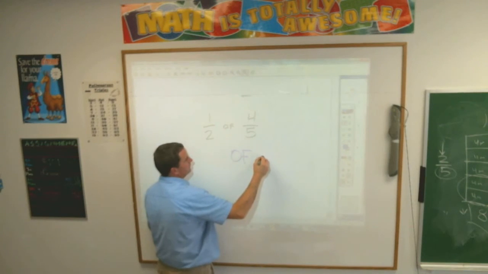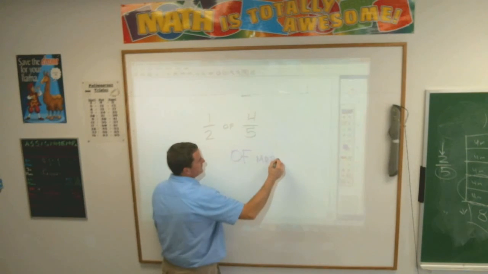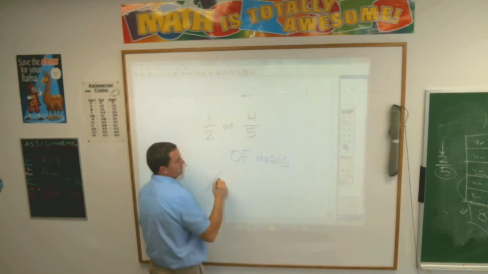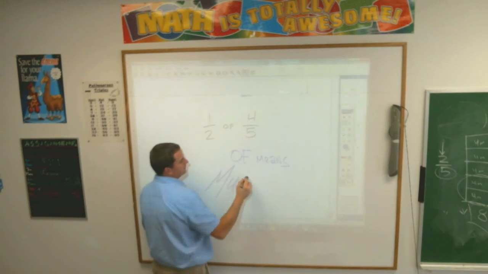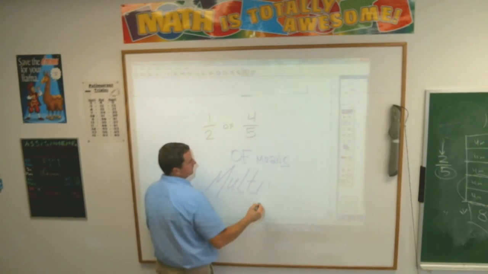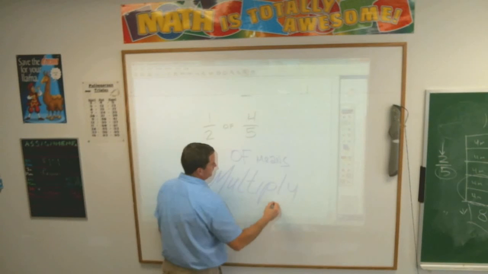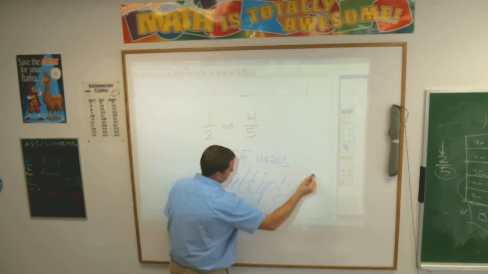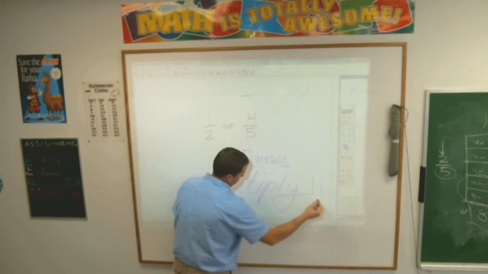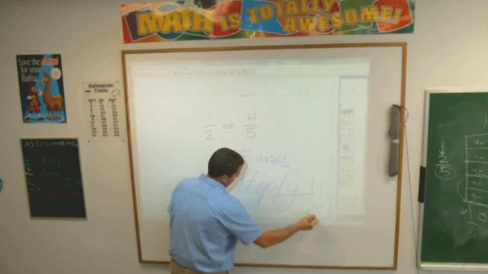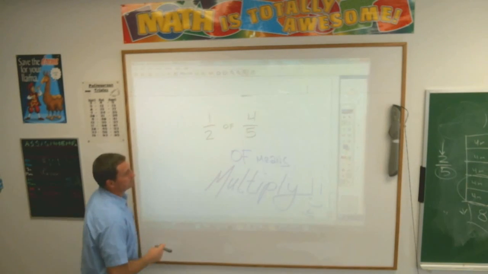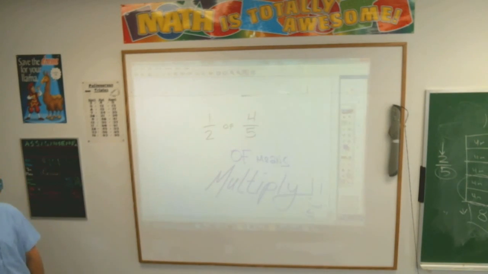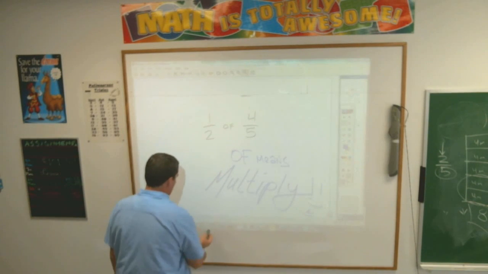Yep. Of means multiply. Of means to multiply, so you just have to multiply. Correct, children?